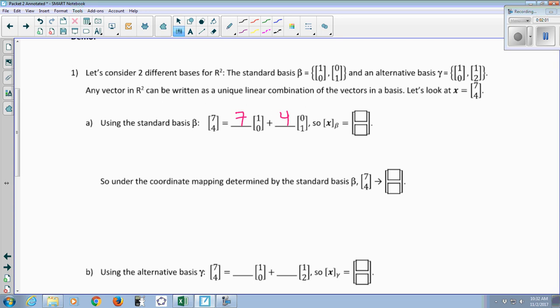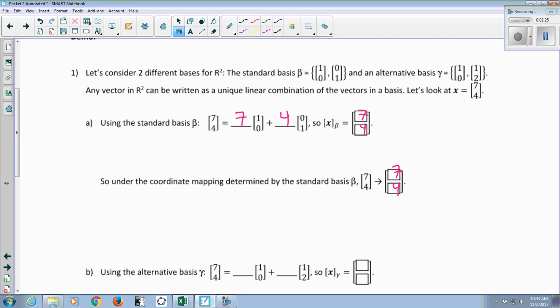If you were to write the coordinates of x with respect to the basis beta, it would be (7, 4). So under the coordinate mapping determined by the standard basis beta, (7, 4) is just (7, 4).